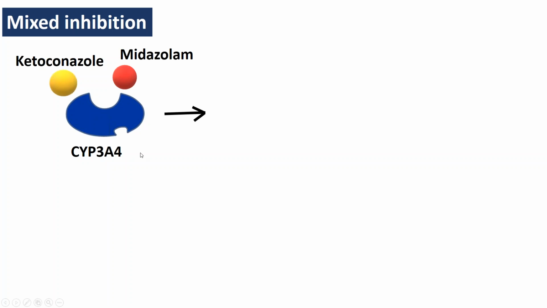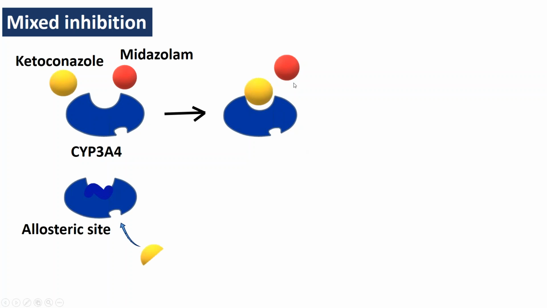For example, ketoconazole competes on the active site with midazolam, and since it is potent and has a higher affinity, it binds to the active site. As a result, midazolam accumulates in the blood circulation, which can result in sedation.